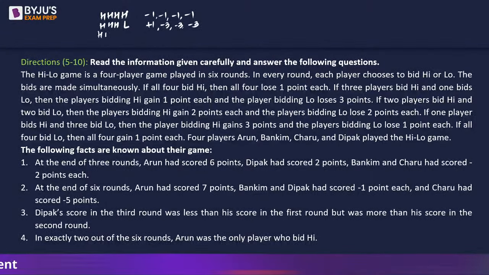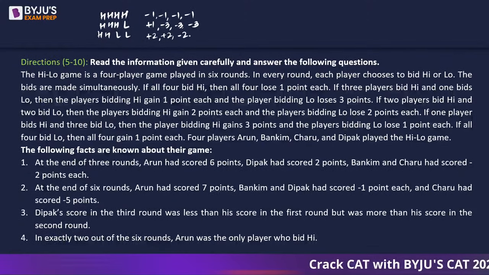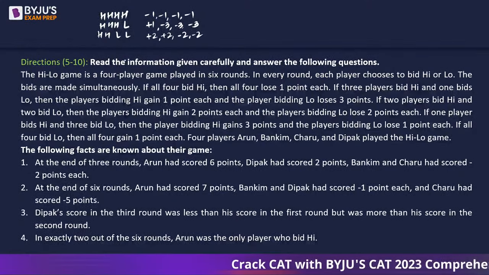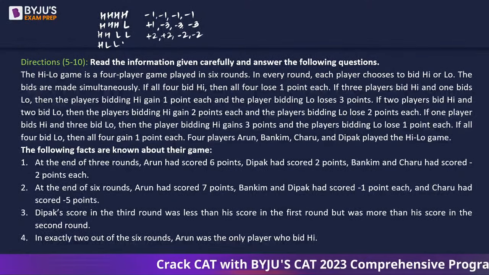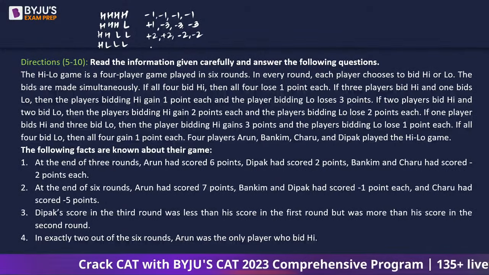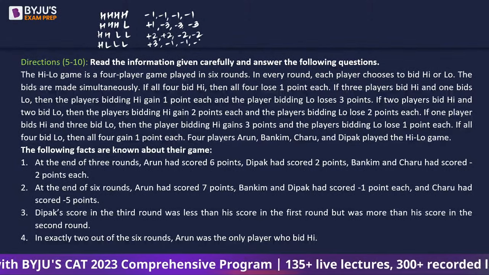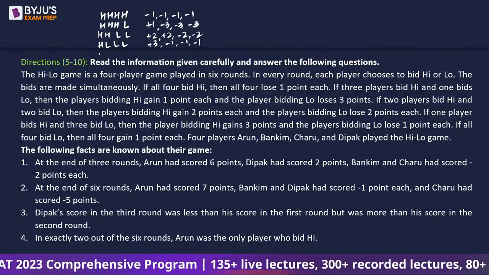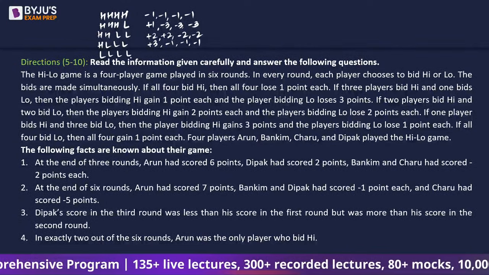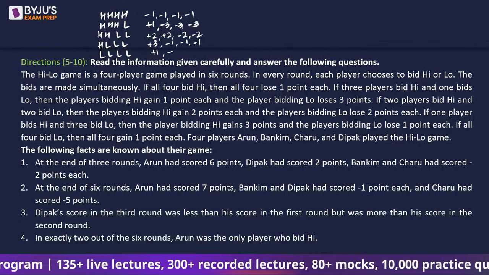If 2 players bid high and 2 bid low, then the players bidding high gain 2 each and -2 for low ones. If 1 player bids high and 3 players bid low, high will gain 3 points and low will lose 1 point each. And if all 4 bid low, then all 4 gain 1 point each.